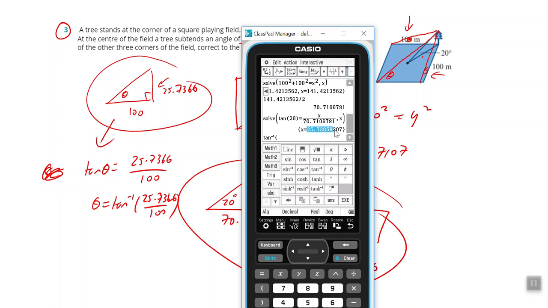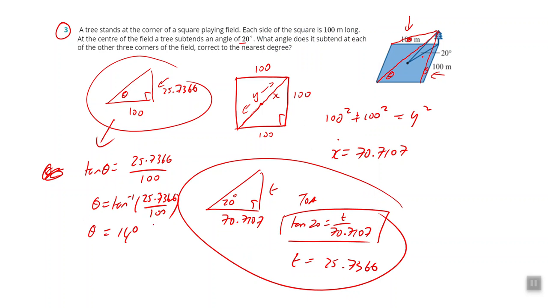I'm just going to copy this. The reason I'm using the copied form is because it's more accurate, so I'm not running into problems with rounding. So that's 14.4 degrees. I'm not sure if the book rounds to the nearest whole number, so I'll just go 14 degrees. So from the top of the tree to the edge here, it's 14 degrees. It'll be the same here because it's going to be the same angle.